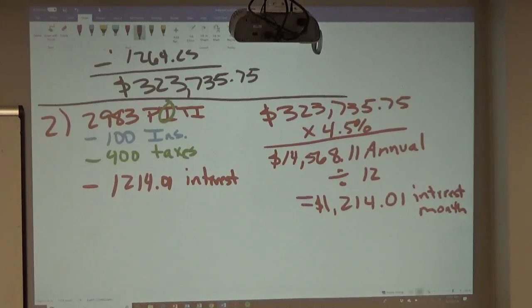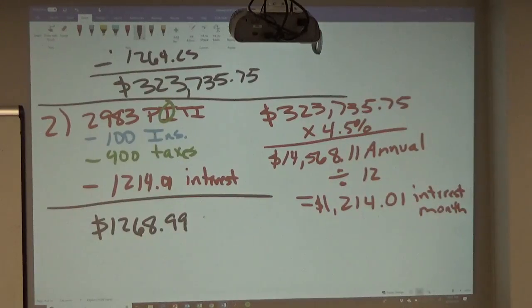And finally, we can calculate how much of that is going toward principal. So we got $2,983 is our total payment, minus $100 for insurance, minus $400 for taxes, minus $1,214.01 for interest, and we're left with $1,268.99 going toward the principal. And of course that principal number gets applied back to our loan balance.